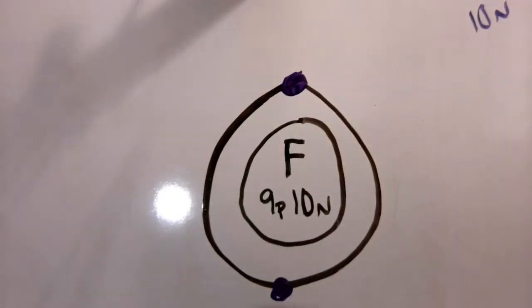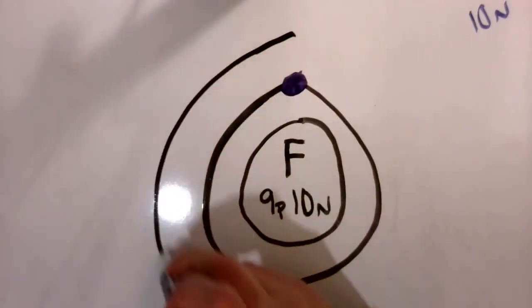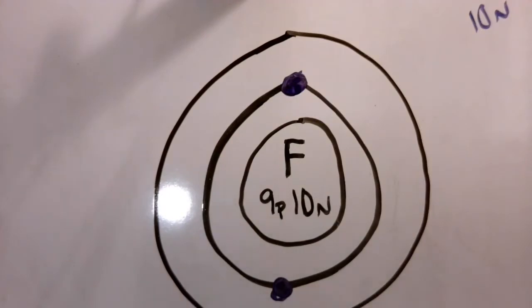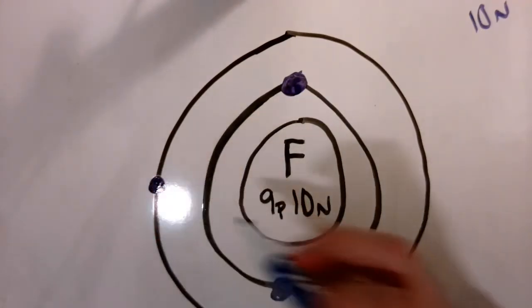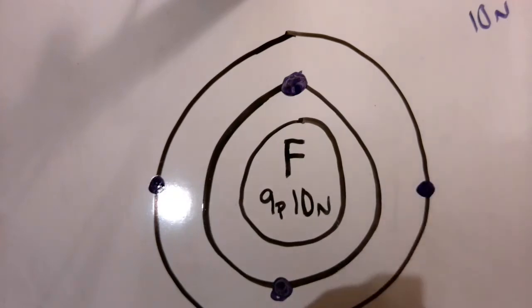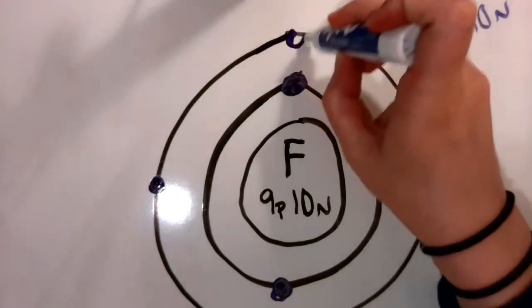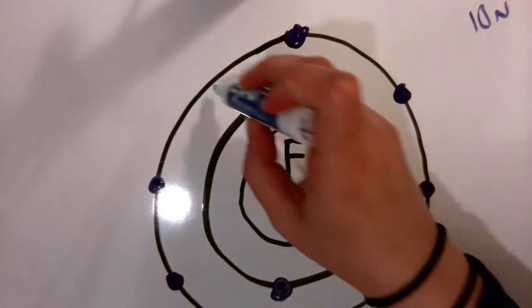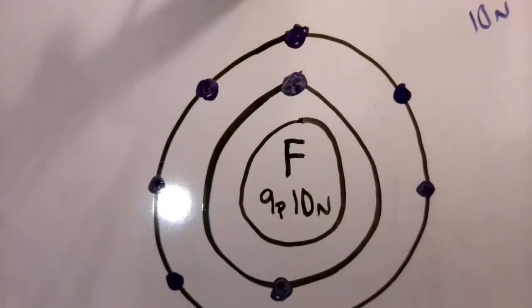As we move to our second ring, we're going to have to fill in the other 7 valence electrons that we have. So we have 1, 2, 3, 4, 5, 6, and 7.